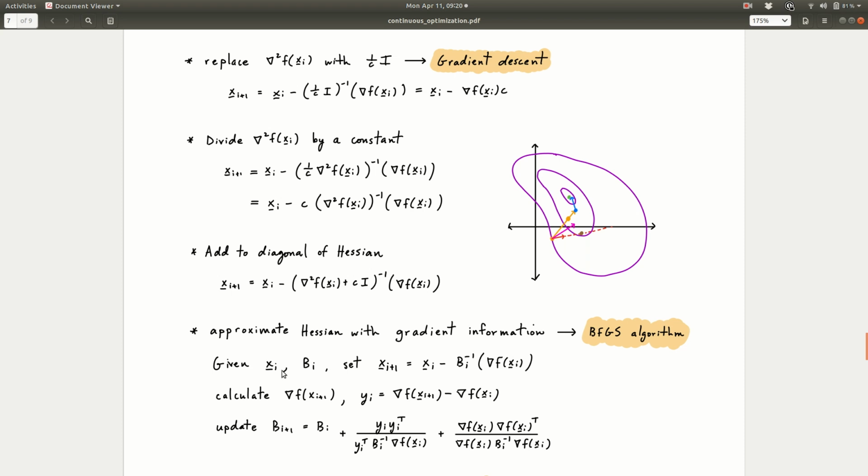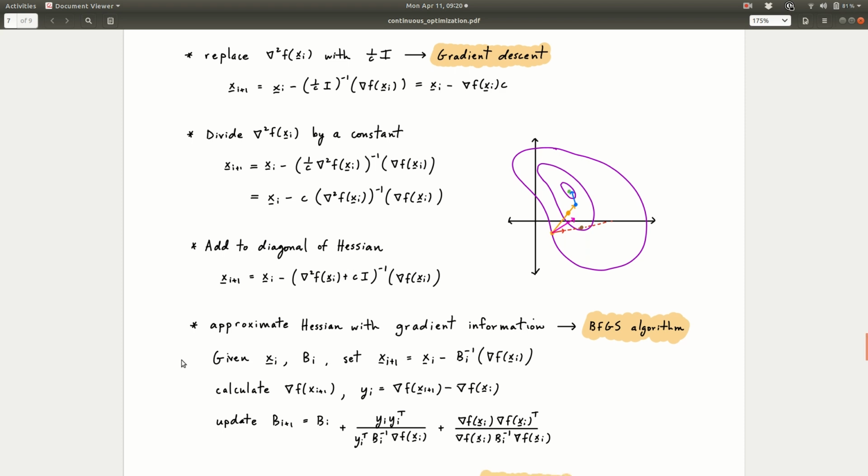So basically, you're given a value of x and a guess for the Hessian. We update the value of x using the same formula as Newton, but we're plugging in our guess for the Hessian. And then at the next step, we have to update our guess for the Hessian using information from the gradient.